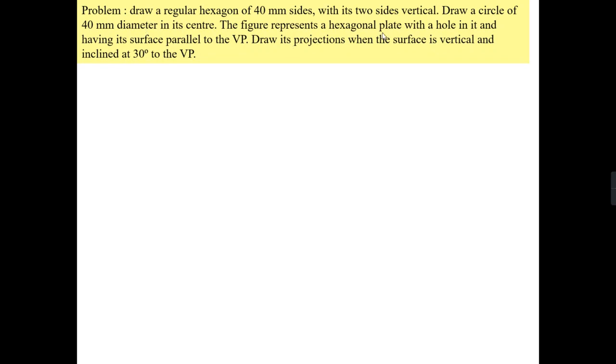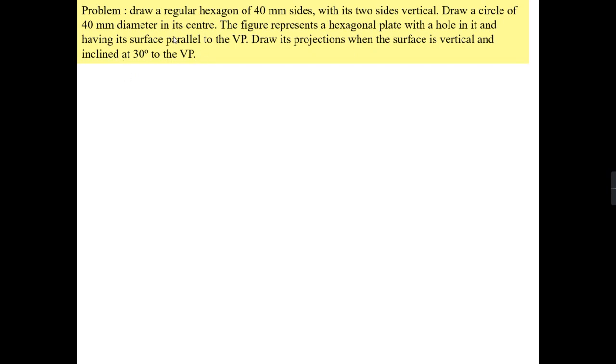The figure represents a hexagonal plate with a hole in it and having its surface parallel to the vertical plane. Draw its projection when the surface is vertical and inclined at 30 degree to the vertical plane.